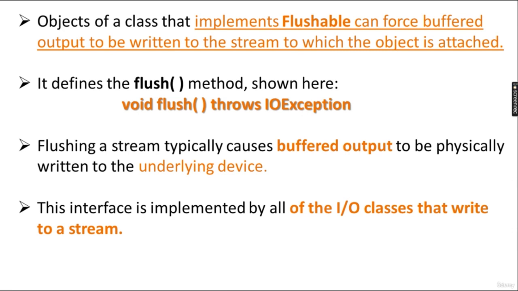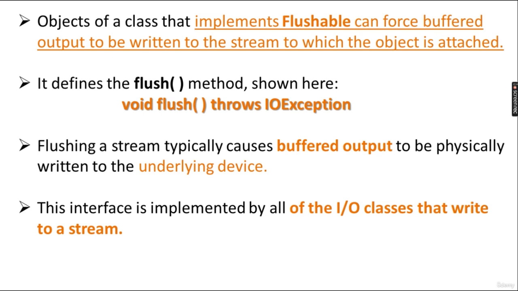If it is flushed, it is going to be cleared. Suppose your stream is attached to a file xyz.txt and you flush your stream object: whatever is buffered inside that buffered output stream will be written to the file, and then the stream object will be flushed out.